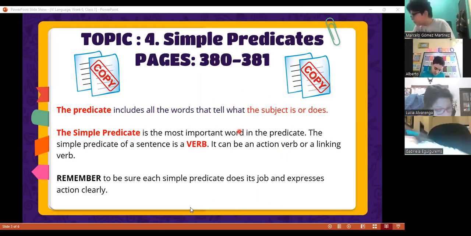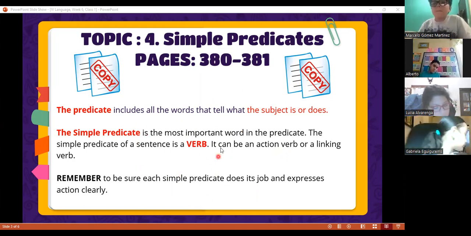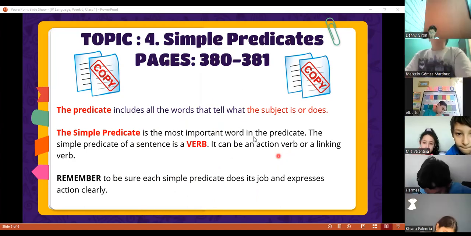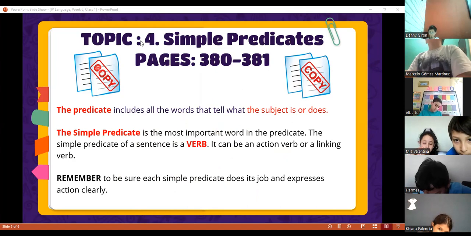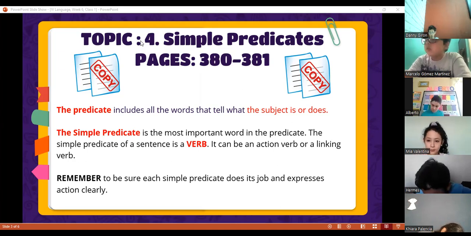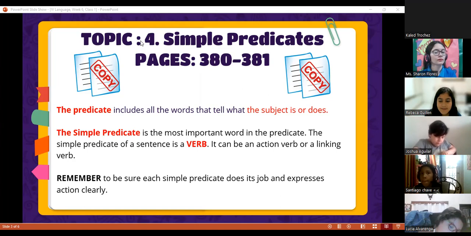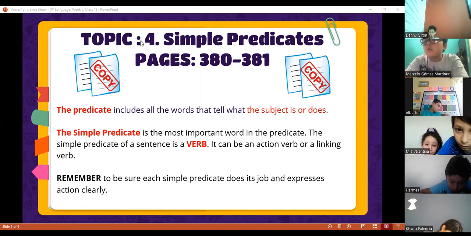So I'm going to give you four or five minutes to copy this in your notebook. We need sentence as coding. Not necessary, because you're connected, remember.